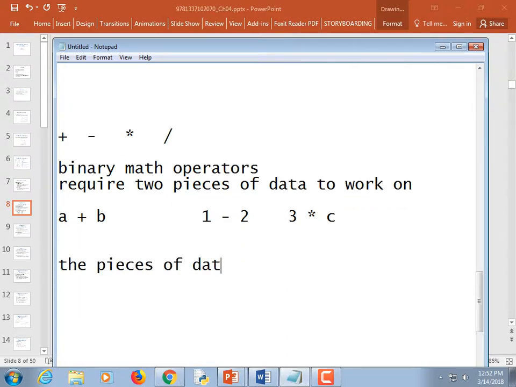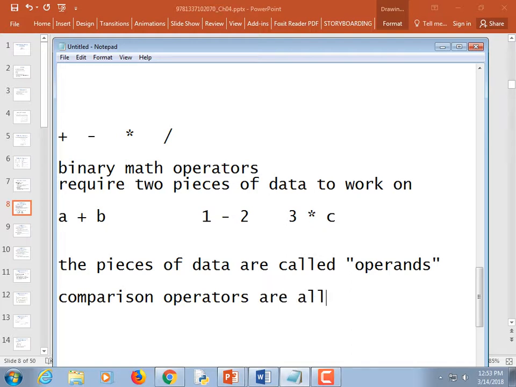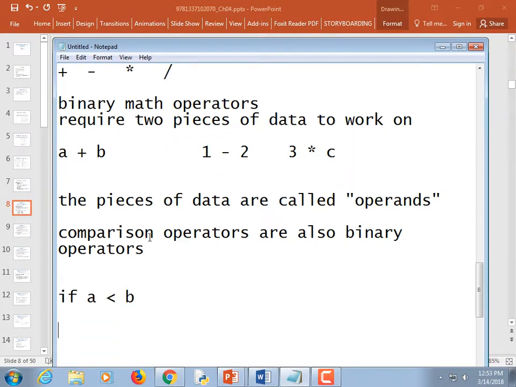The pieces of data are called operands. So if we want to talk like programmers, we'll use the term operands just so that we sound all fancy and stuff. The comparison operators are also binary operators. You know, if A is less than B, you have to have both of those.